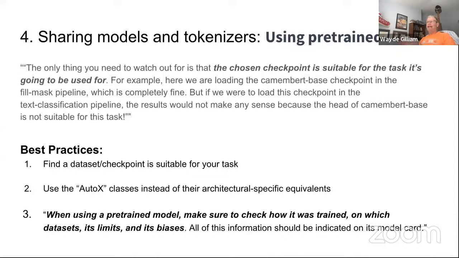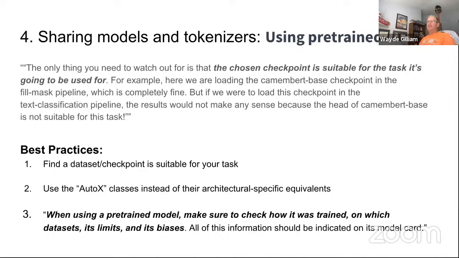The reason is that when these pre-trained models are trained on specific classification tasks, Hugging Face doesn't just chop off the classification head and put a randomly initialized one. It gives you whatever the user trained it for. So just be aware of that if you see things like that.